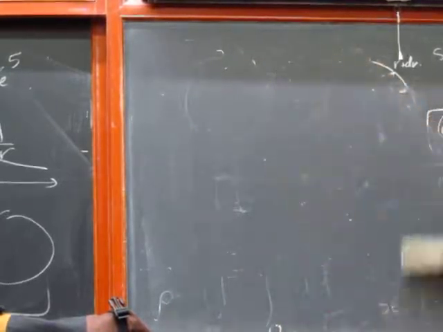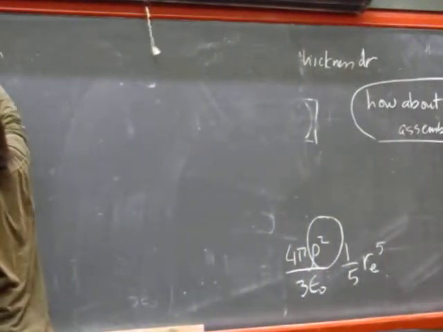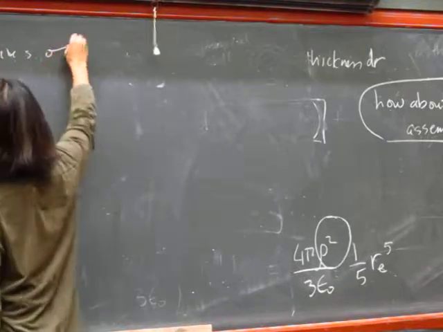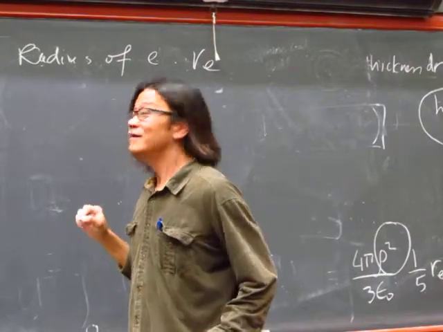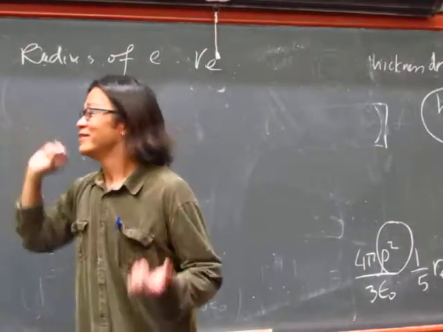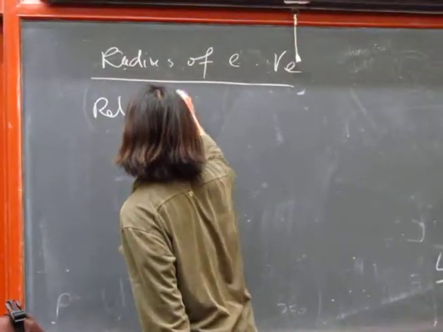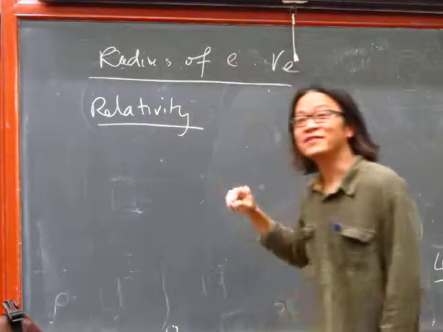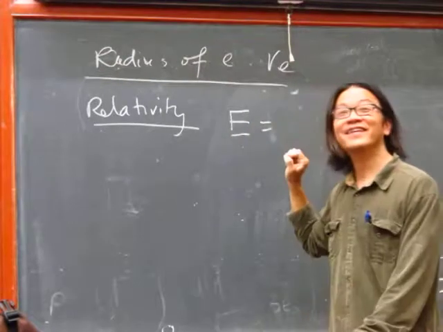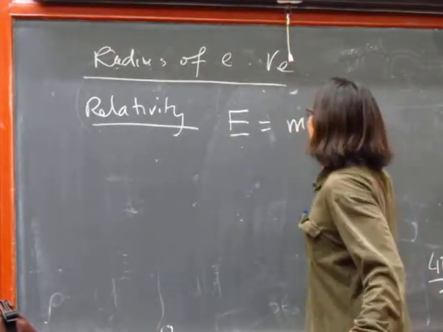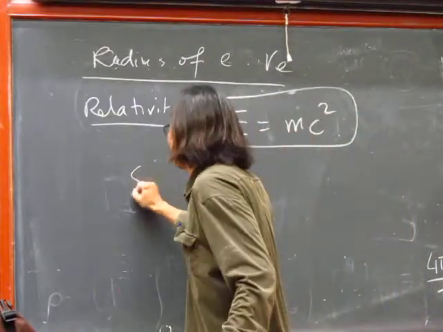Now, what is the radius of the electron? Now you remember from relativity, because you haven't done relativity, right? But this is on t-shirts everywhere: energy is mc squared. And suppose, let's pretend, all the energy comes from electrical energy.